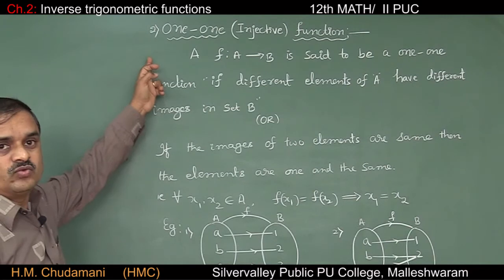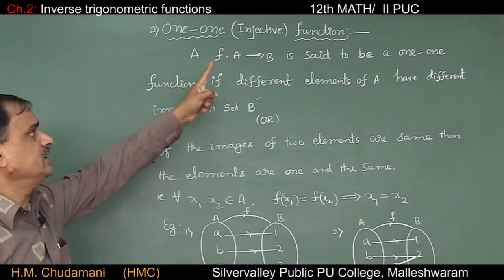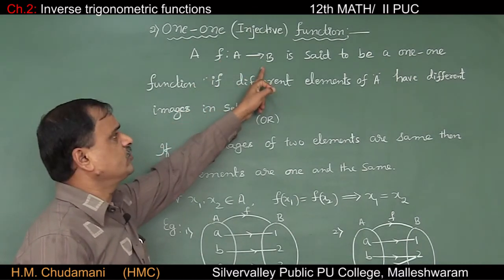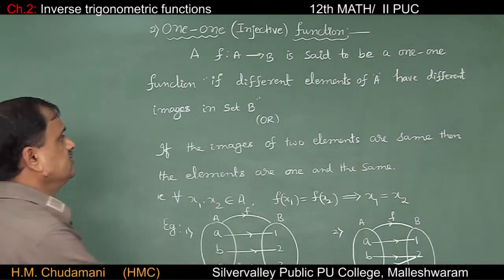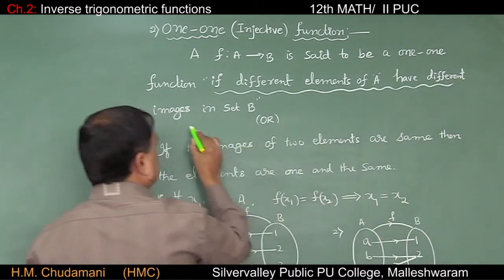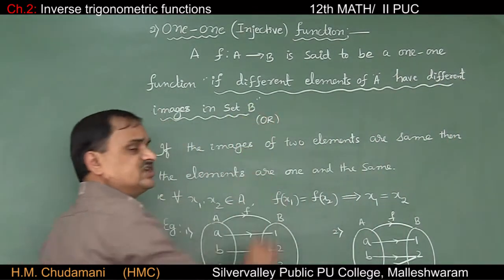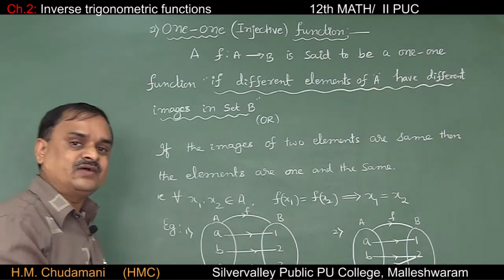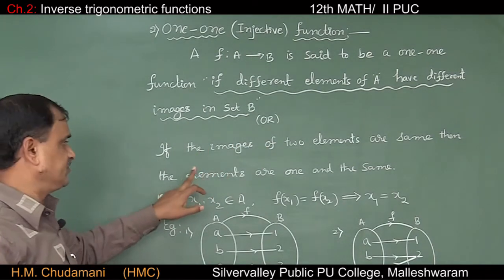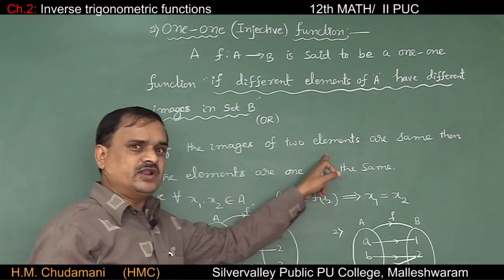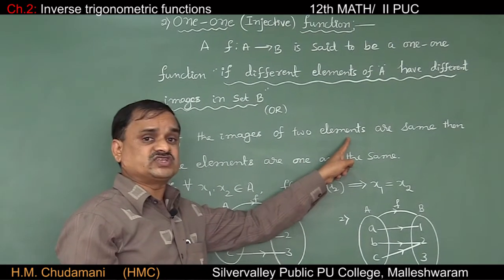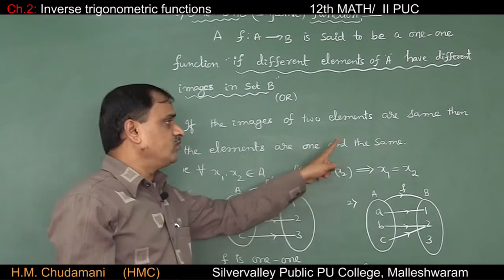So let us take what we mean by 1-1 function or injective function. A function F from A to B is said to be 1-1 function if different elements of the set A have different images in set B. Or else, the other way of defining 1-1 function: if the images of two elements are same, f of x1 equals f of x2, then the elements are one and the same.